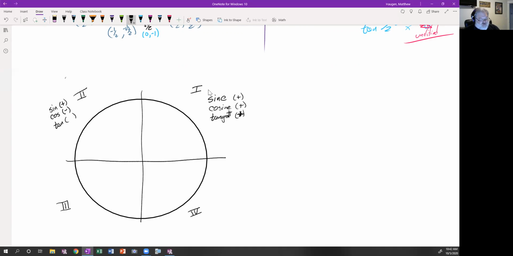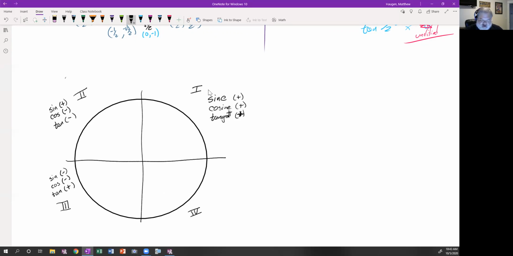So a positive y and a negative x, tangent is negative in quadrant 2. Quadrant 3, the y values become negative, so sine is negative. The x values are still negative, so cosine is negative. But tangent, the y over the x, that ratio suddenly becomes positive. So tangent is positive down there.